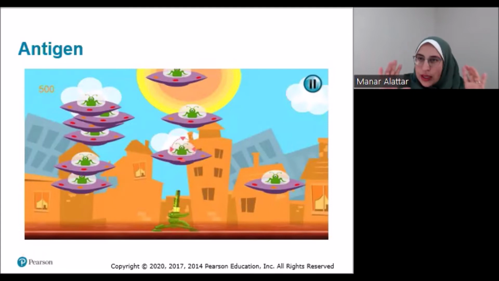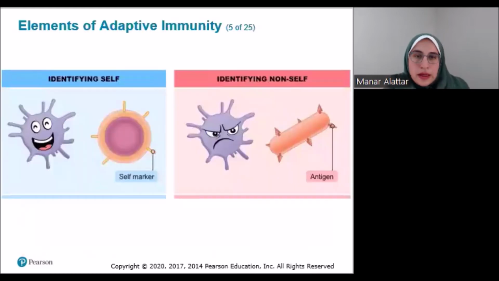And so just to put the terminology in perspective, we're going to talk more about that. When we're talking about antigens, our own cells have what we call autoantigens on them. They display proteins from within them. The cell actively takes proteins that are made within it and displays them on the outside of the cell.